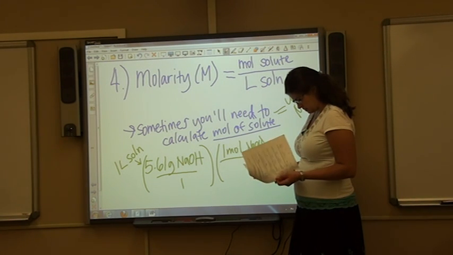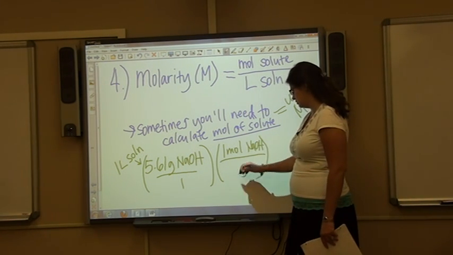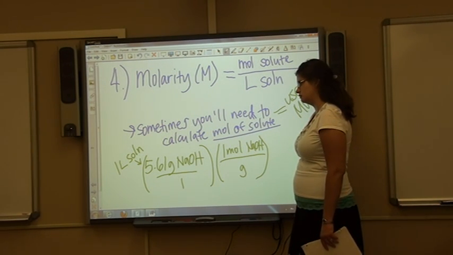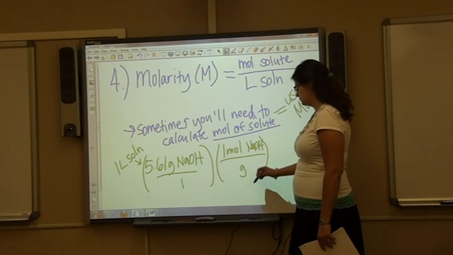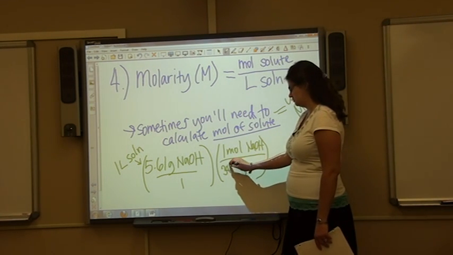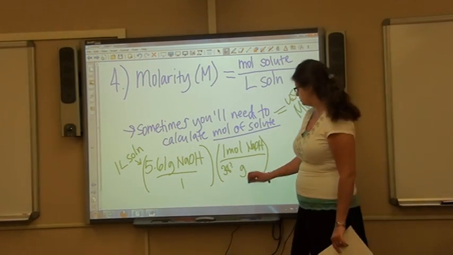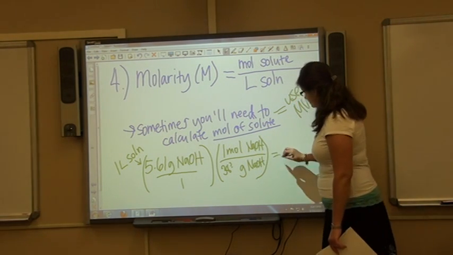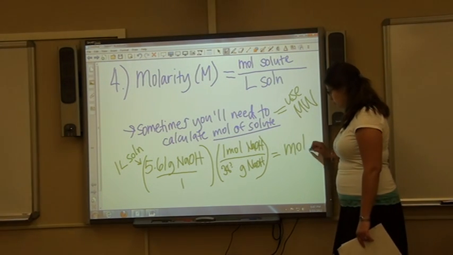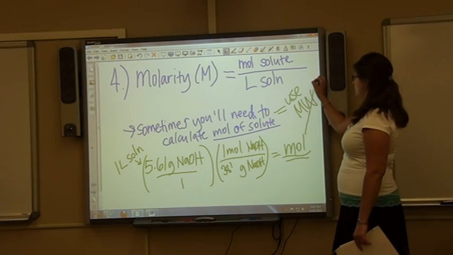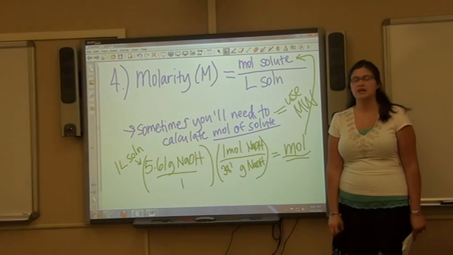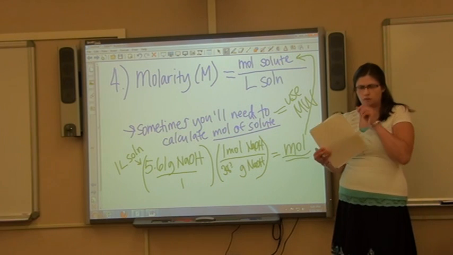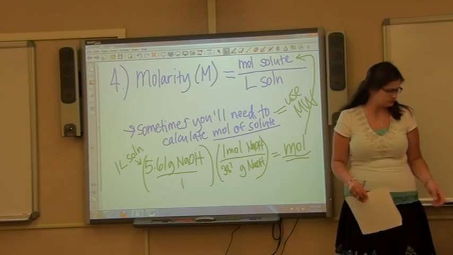I don't know that off the top of my head. 22 plus 16 plus 1. I think it's like 38 something. I don't know. You have to calculate that. And that'll give you your answer in number of moles, which is what you can then put into your formula. So sometimes you have to do an extra step here in order to plug and chug.